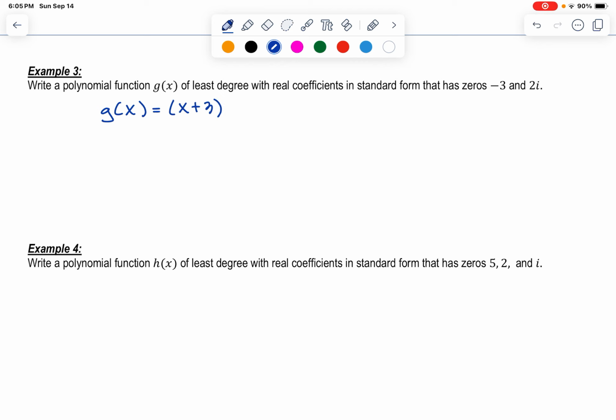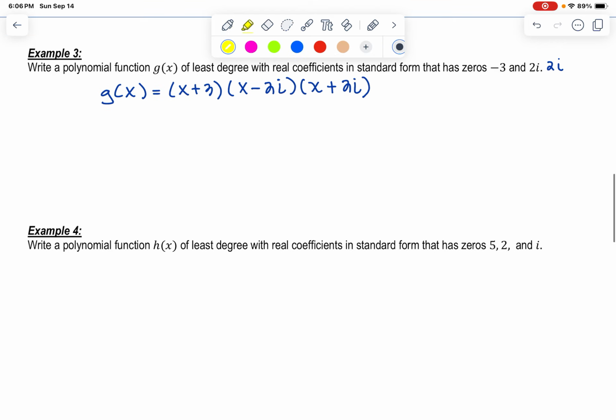There's a 0 of 2i, that also means that there's a 0 of negative 2i, so I'm going to write those 2 factors. x minus 2i and x minus a negative 2i, which turns to x plus 2i. I'm saying it like that, strangely enough, because when we get to a little bit more complex ones, when I explain it, it'll make more sense then.